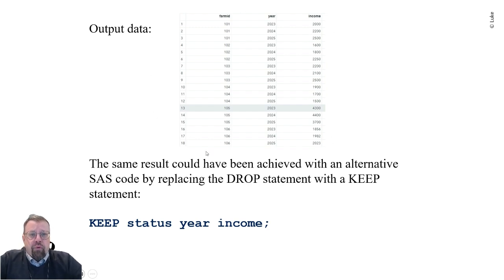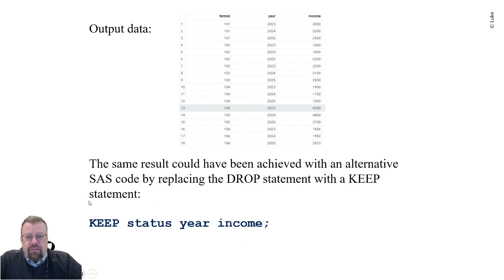So this is actually doing what we were aiming. So we get three observations for each farm, or three rows.